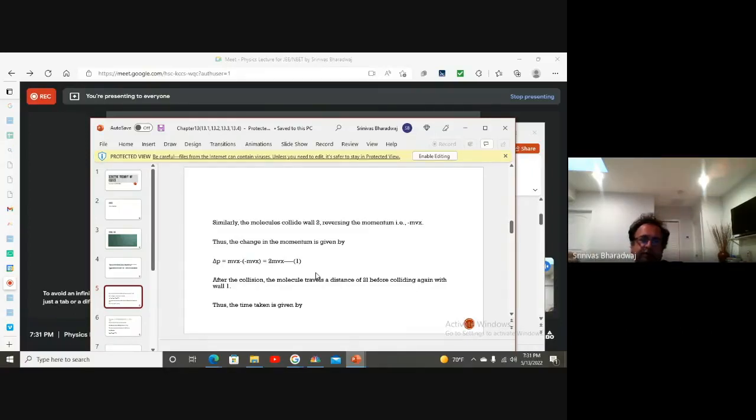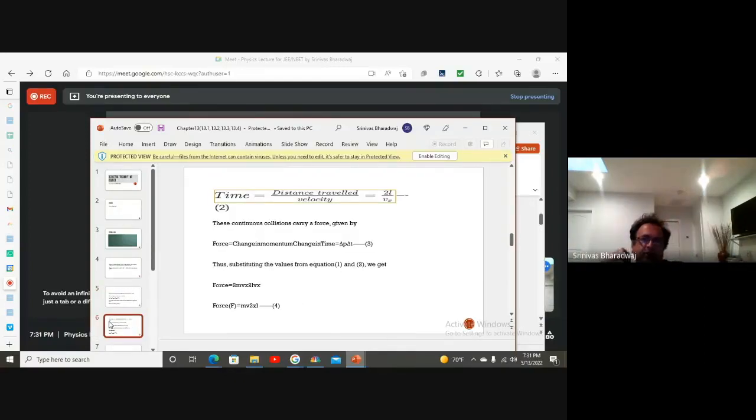2 times mvx. Now you have a box of length l, therefore you have this continuous back and forth that happens. Force is change in momentum over time, dp by dt, right? The time is distance by speed. It goes this way once, comes back this way.